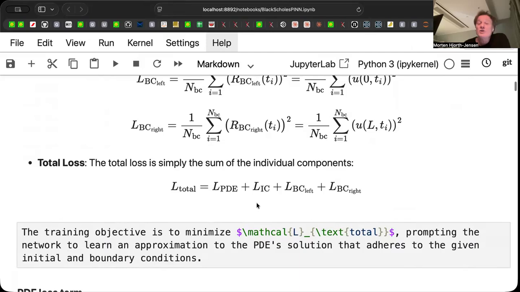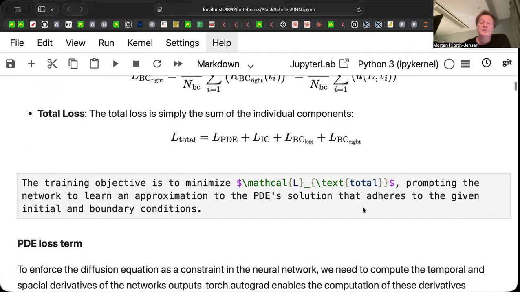And that means that the total loss function is now simply defined as the difference between the left-hand side and the right-hand side, the initial conditions, the left boundary conditions, and the right boundary conditions. And these are the quantities which we are going to optimize. So the extremely simplistic approach which we put up in the previous case on the whiteboard is now replaced by a cost function which is physically motivated, or motivated by the boundary conditions and initial conditions.